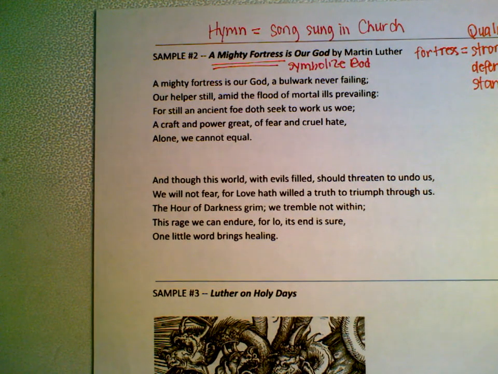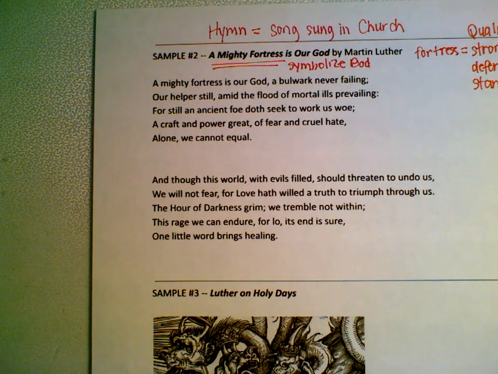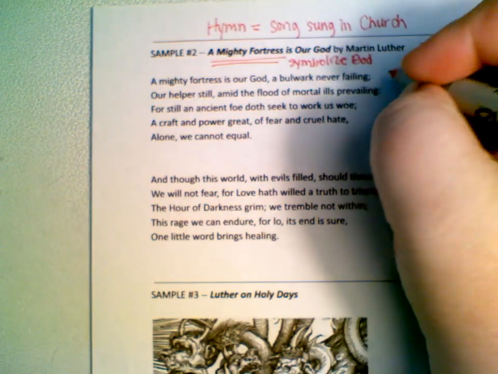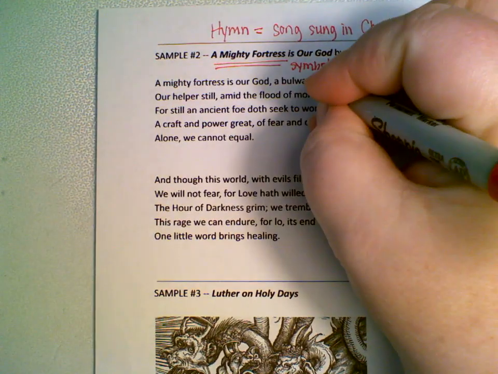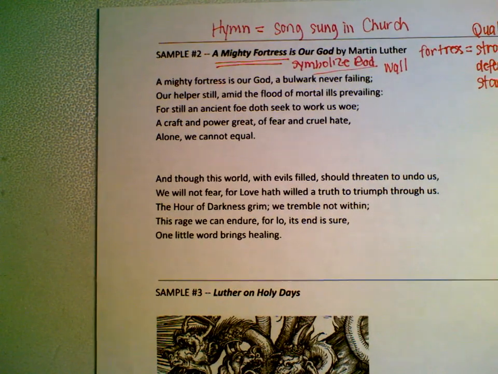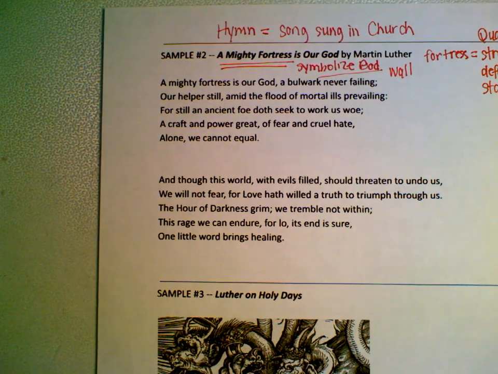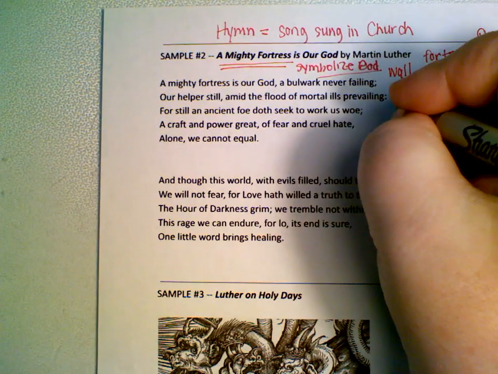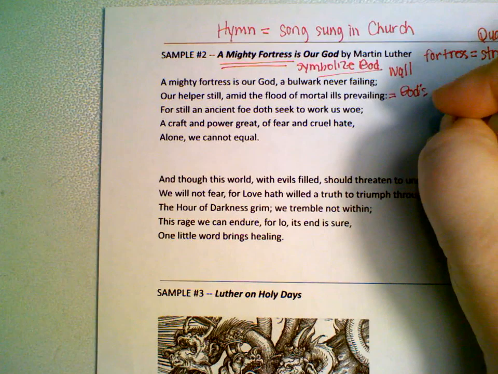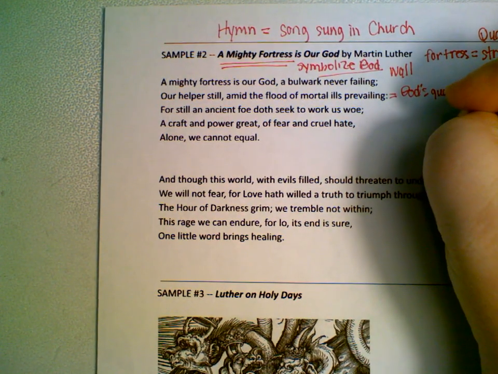So it starts with this: a mighty fortress is our God. So God is the fortress. We've talked about this. He is going to stand tall. Bulwark means a wall that's not going to fail. Our helper still amid the flood of mortal ills prevailing. This is still talking about God's qualities.